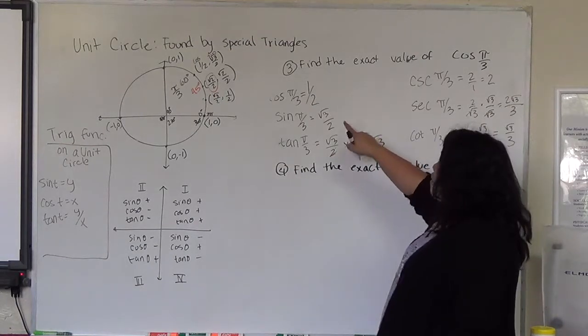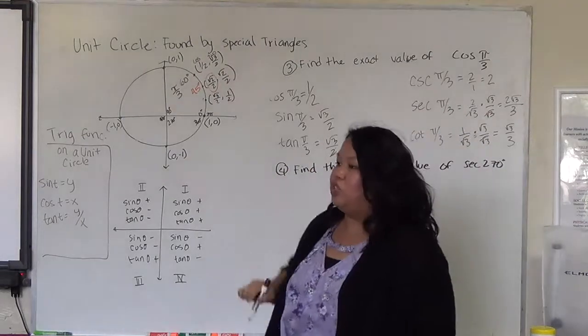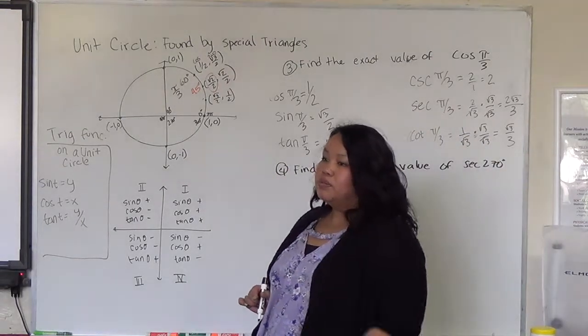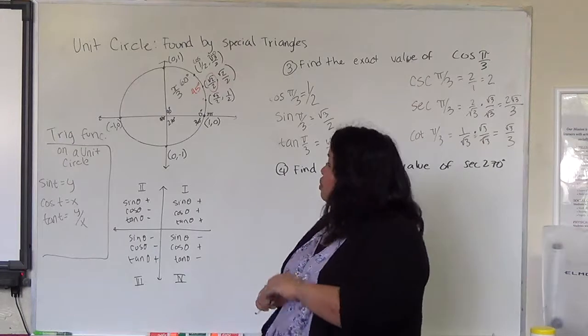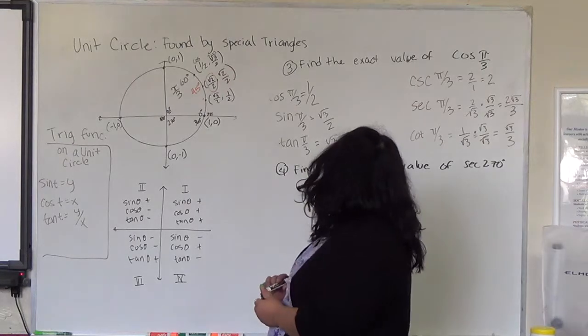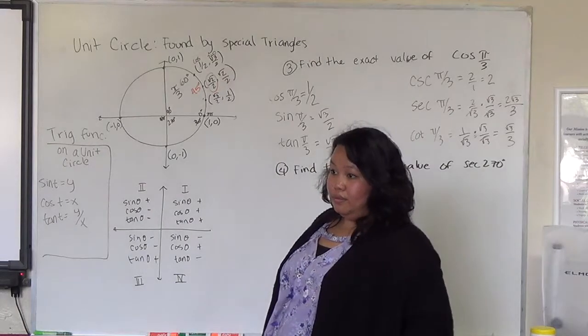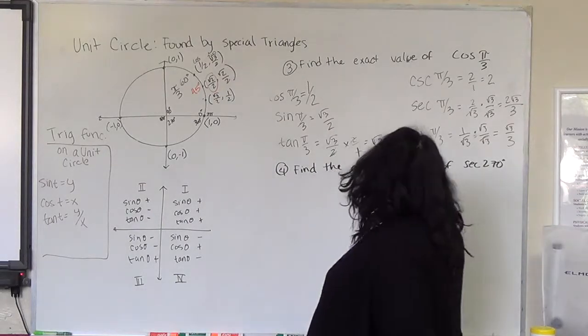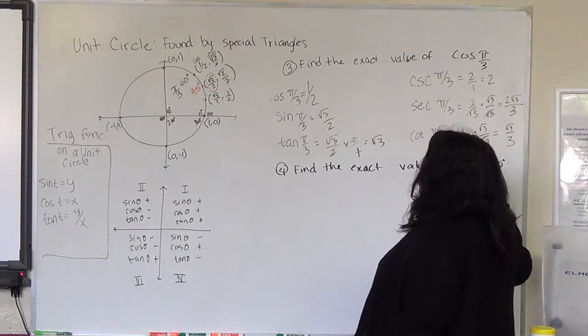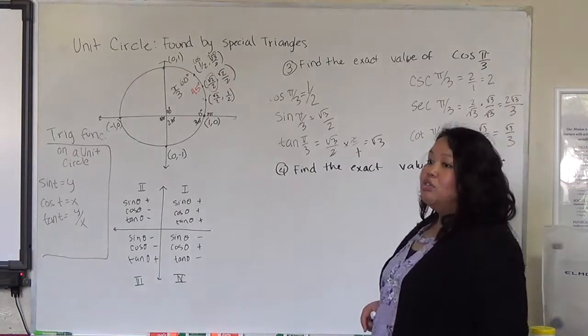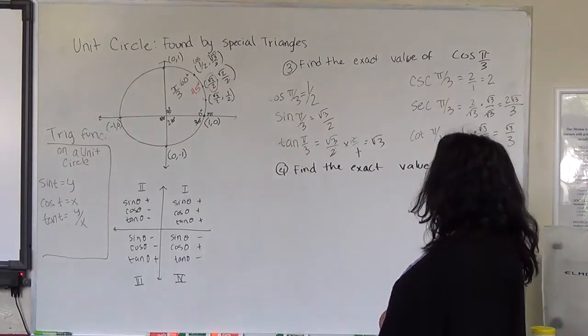Whereas before, I had to find at least one of these through the special triangles. We understand? And the unit circle should be in both degrees and radians. Yes?